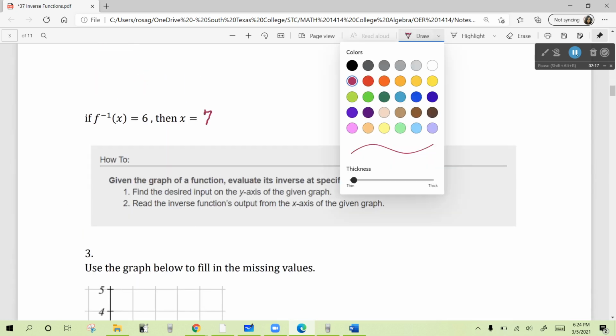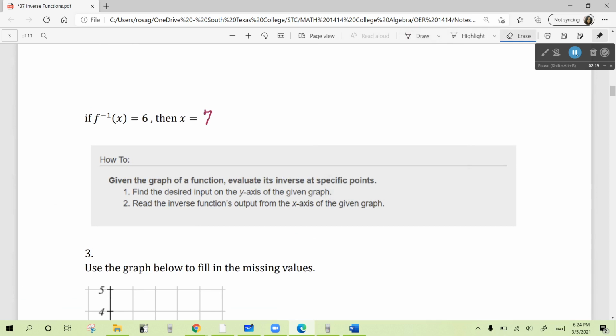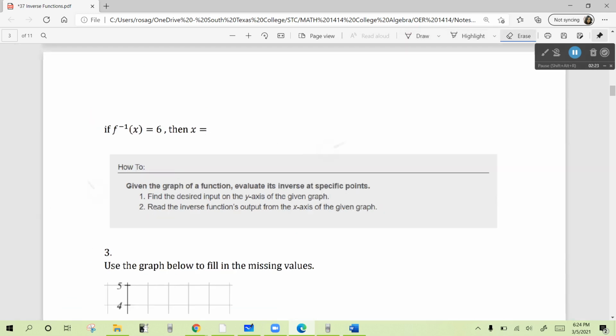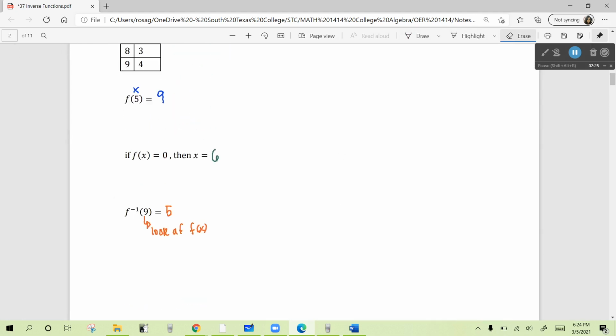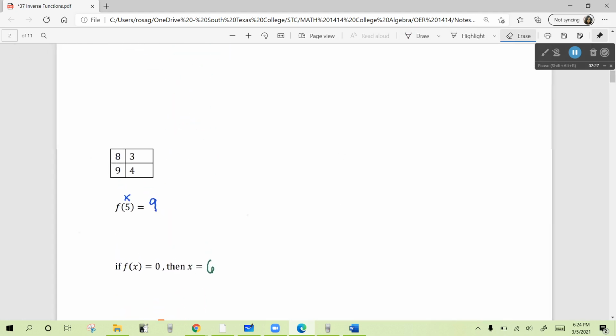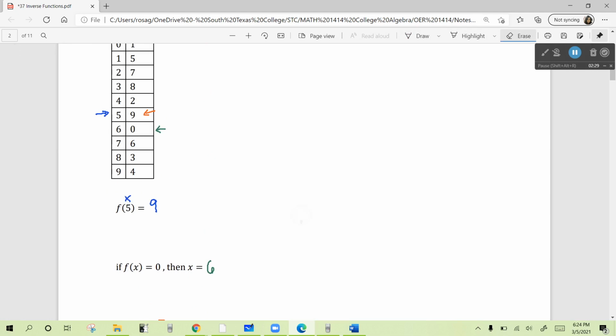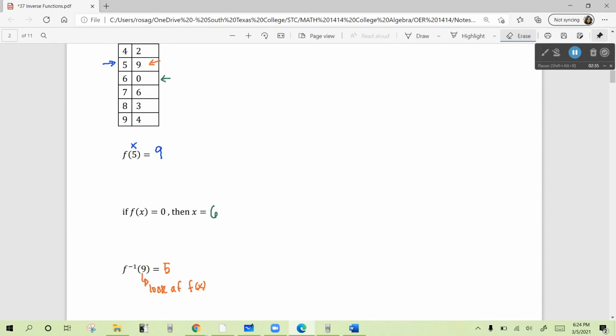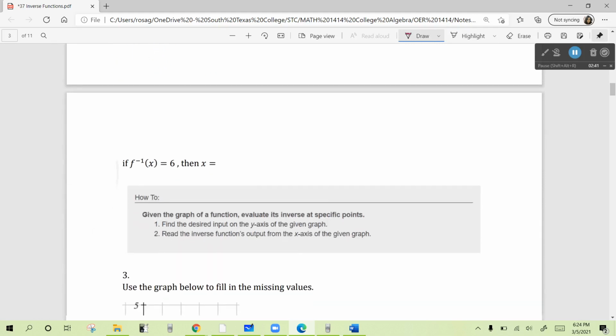Oh wait, the inverse is 6. No, hold on. Let's delete it. Come back here. When the inverse is 6, then you're looking at the x value. Looking at this one, so it will be 0.